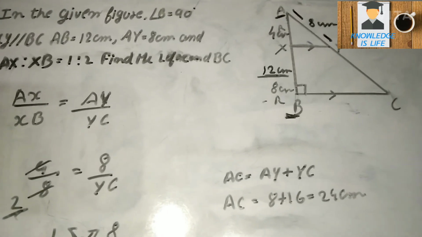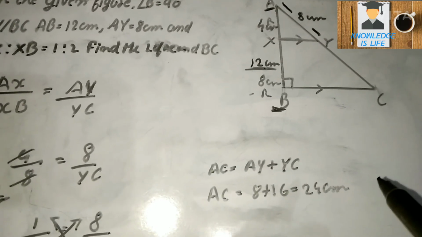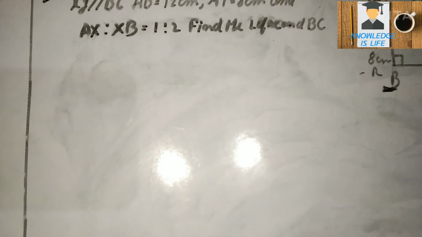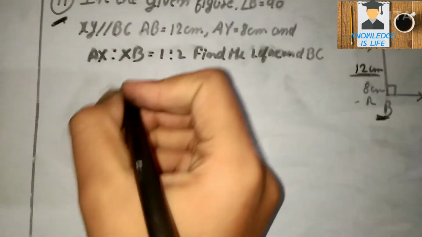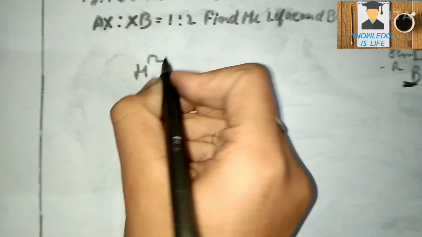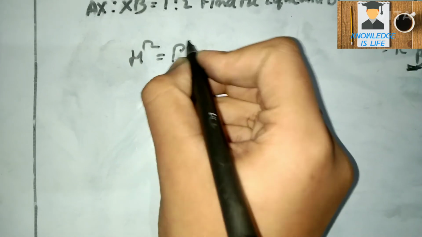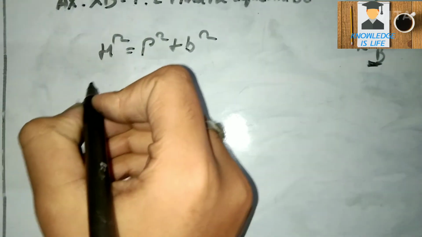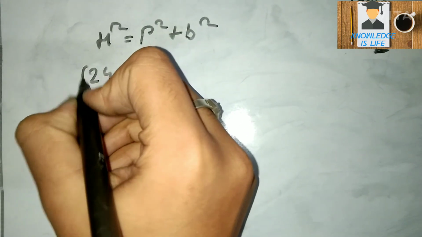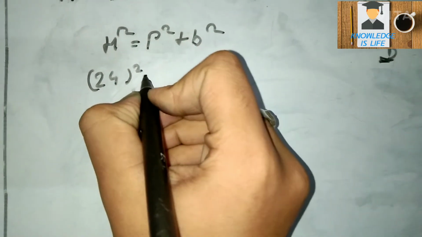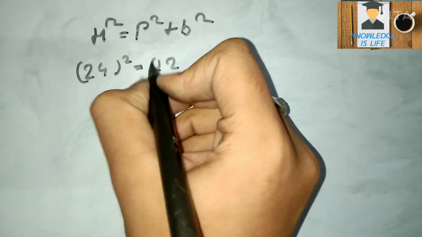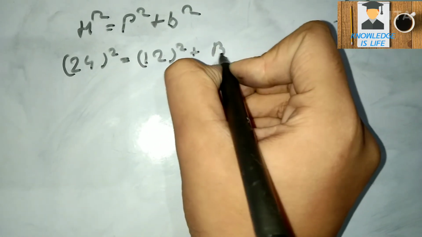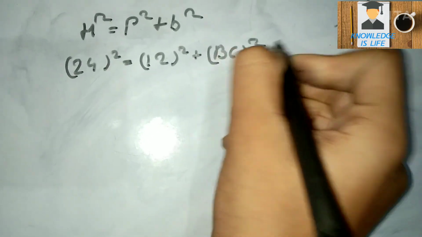So now the line BC we have to find. So friends, now we can solve this question. Let us apply the formula. H square equals P square plus B square. So here our H will be 24 square equals 12 square plus BC square.